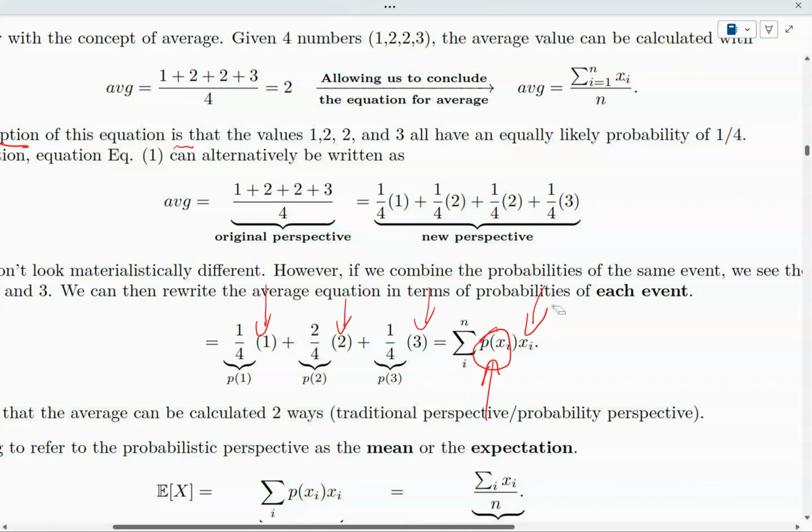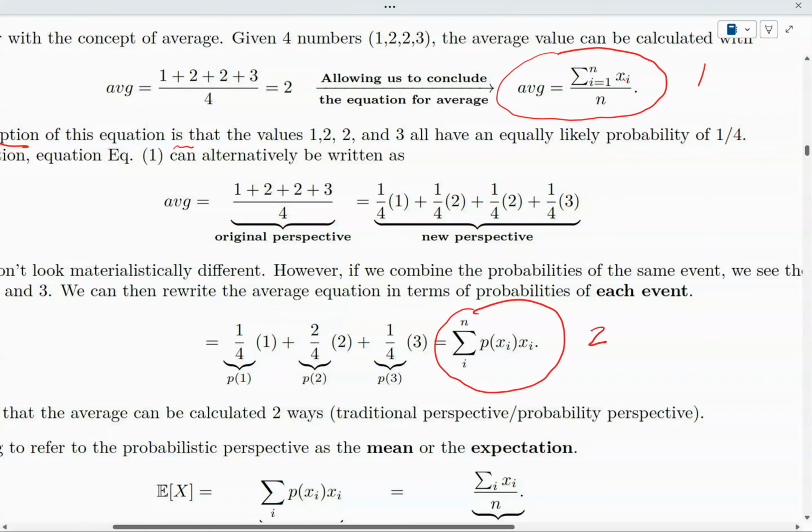Now, take a second, notice the difference between equation 1 and equation 2. They both find the average. However, in this perspective, you are looking at the possible events rather than at the samples. So here are all the possible samples, like 1, 2, 2, 3.